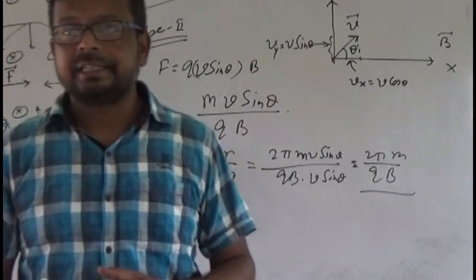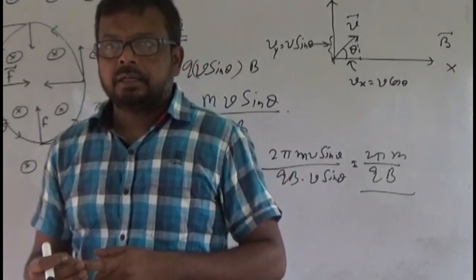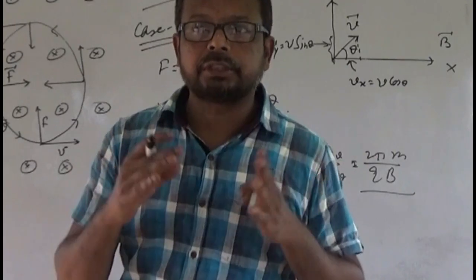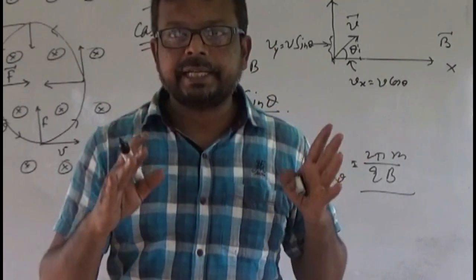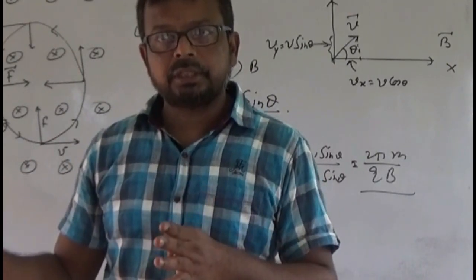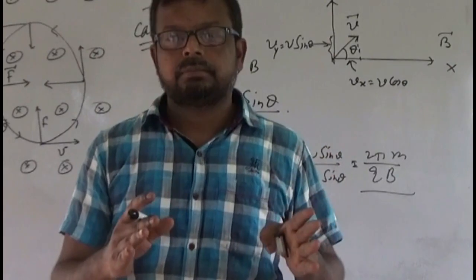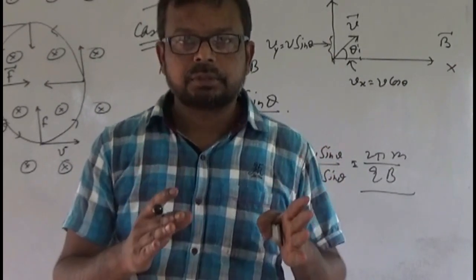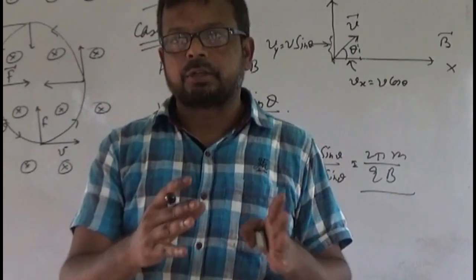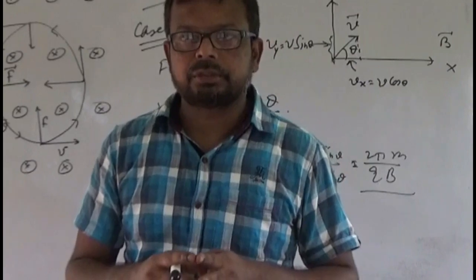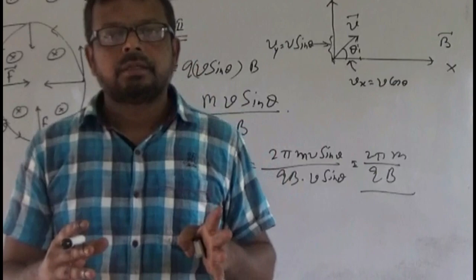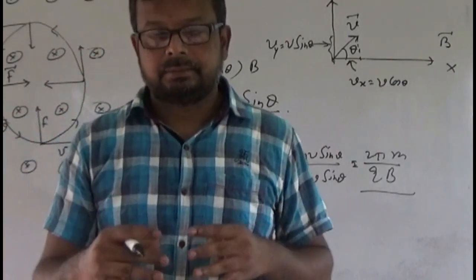Therefore, the charged particle is under the combined effect of two components of velocity. It moves along the direction of the magnetic field due to the v cos theta component, that is the horizontal component, and at the same time it moves in a circular path due to the v sin theta component, that is the normal component of the velocity. Thus the resultant path of the particle is a helix.